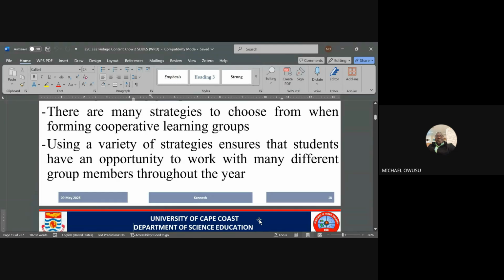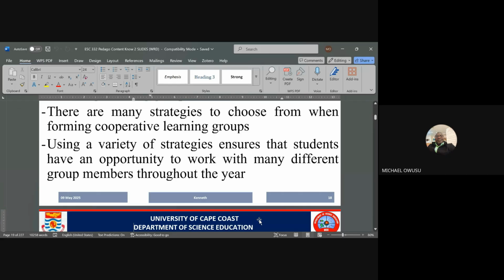Sometimes in our classroom, what we normally do is that the groups are already there. So anything we are doing, group one, you are already there, you are going to do this. From term 1 to term 3, the groups are already there. But you can have it in such a way that in the first or second week, group 1 is there, group 2 is there, then another time you reshuffle them.